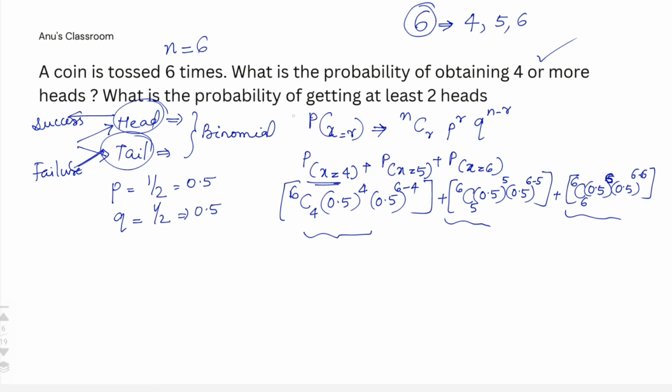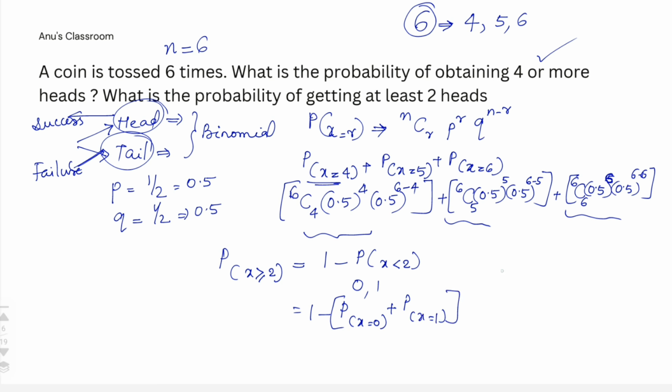The next is the probability of getting at least 2 heads. Okay. So, what is the probability of getting at least 2 heads? That means the probability that x is greater than or equal to 2. That is the same as 1 minus the probability that x is less than 2. Correct? x is less than 2 means what? Either no heads or 1 head. So, that is the same as 1 minus the probability of x equal to 0 plus the probability of x equal to 1.